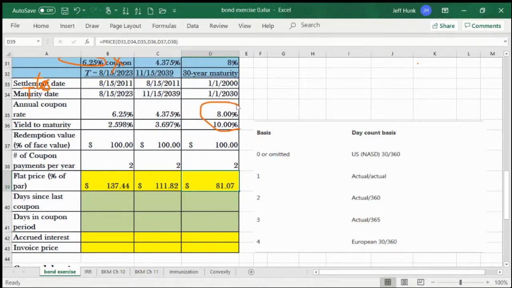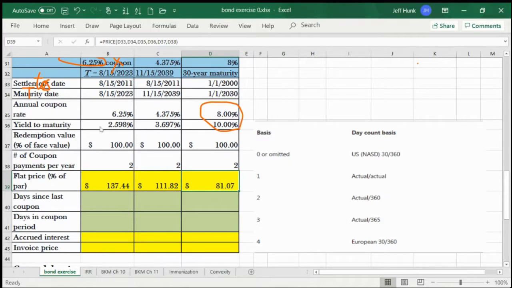And you can tell, look at the difference between the coupon rate and the yield. Coupon rate is much smaller than the yield, and then you ended up with the discount bond.